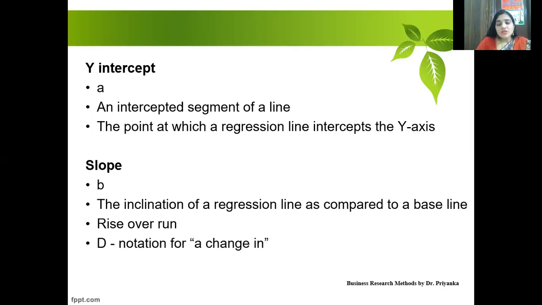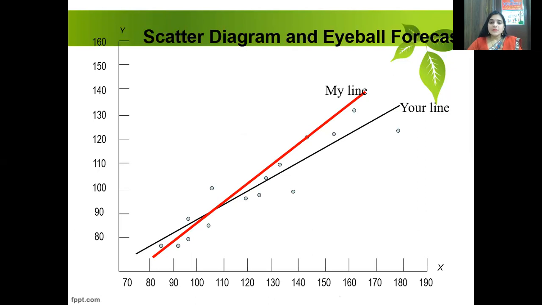Delta is the notation for a change in. For example, there are two lines, right? You can see this line is inclined almost up to 45 degrees, and this one is inclined maybe 50 or 55 degrees. This one starts from here, and this one starts from here, and that would be the constant, right?